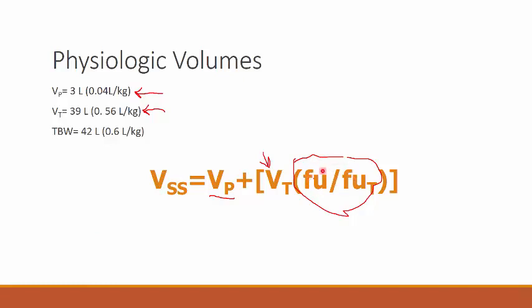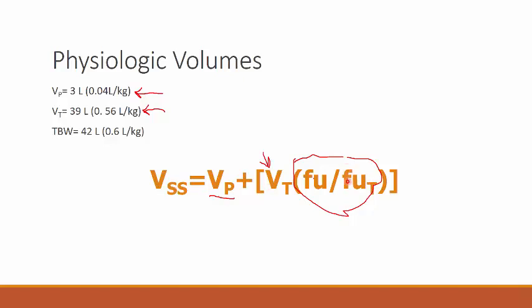Now you have to balance this because it's not just about fraction unbound in plasma, but it's also about fraction unbound in tissue. If your fraction unbound in tissue is very high, that means the drug is not highly bound in the tissue, so it can move easily back into the smaller plasma volume, and therefore your volume of distribution will decrease.